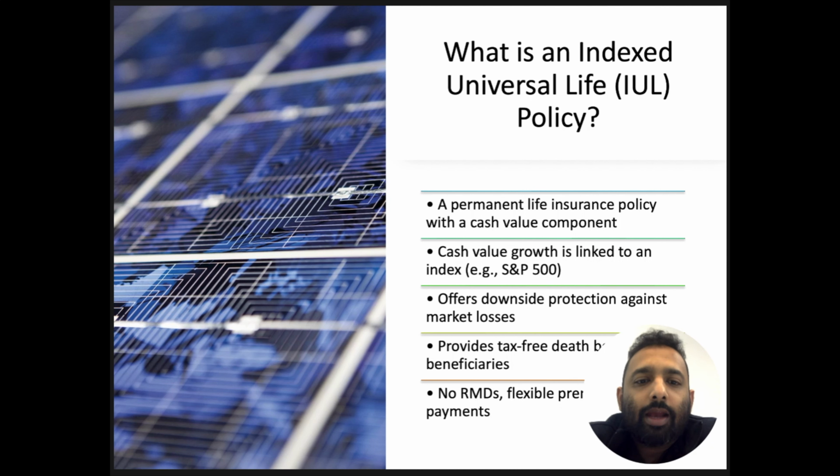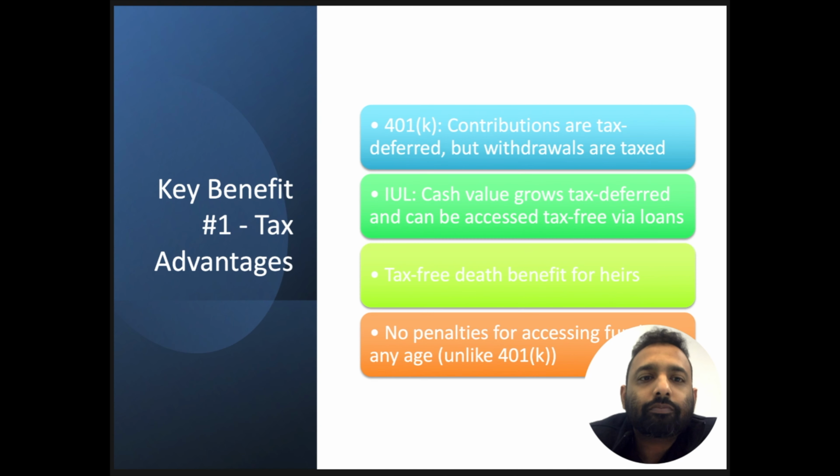That's what I mean. And provide tax-free death benefits for your beneficiaries, and no RMD, so we don't have to worry about taking this money when you're 73. If you don't want to take the money out at all, if you want to leave it to your beneficiary to create a generational legacy wealth for your beneficiary, you can do so by this plan.